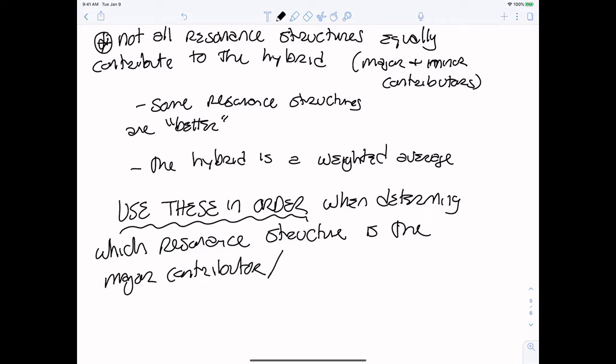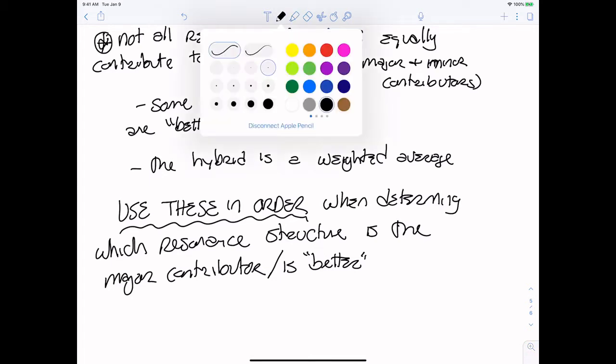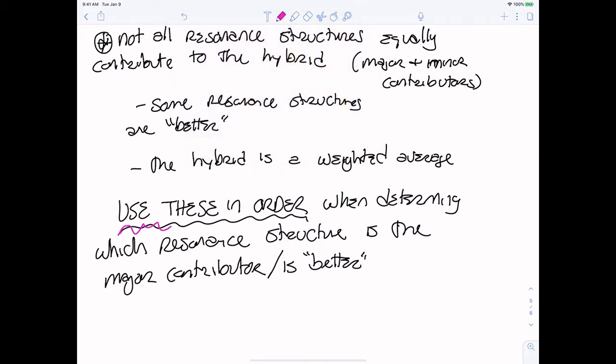Right? Is better. So again, in order. If you take them out of order, you will get it wrong. So in order.